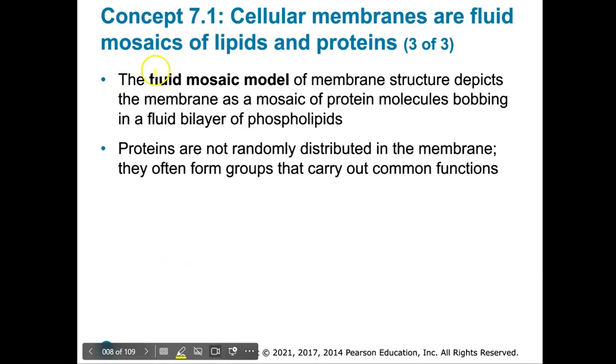So the fluid mosaic model of membrane structure describes the large protein molecules that are embedded within the bilayer of phospholipids, and all of these molecules are able to move past each other, and it describes the protein molecules as bobbing, like, I don't know if you have ever bobbed for apples, because that's kind of an old-fashioned thing to do at Halloween.